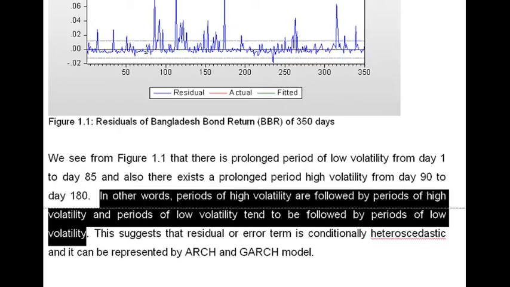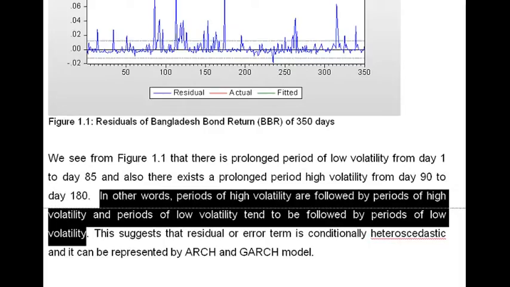And here you can see from day 90 to day 180, what has happened, one big volatility has caused another big volatility. That means one big shock, one big fluctuation has caused another big fluctuation, and that has happened for a long period.